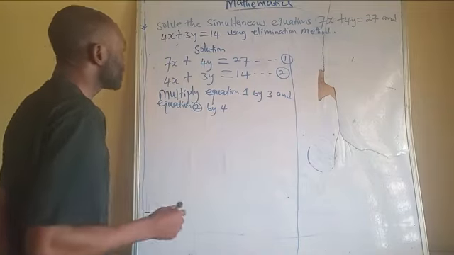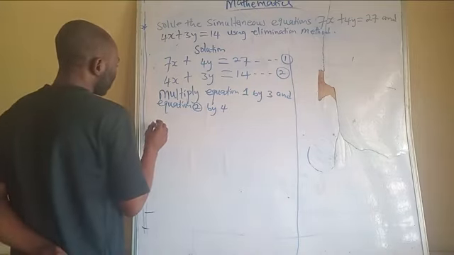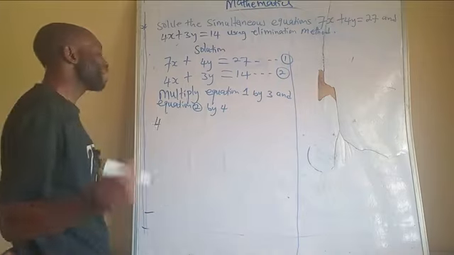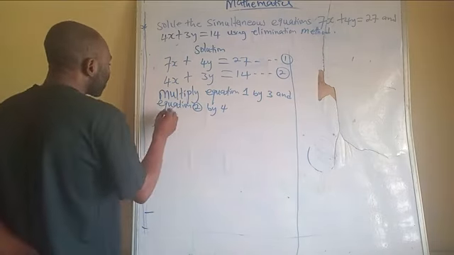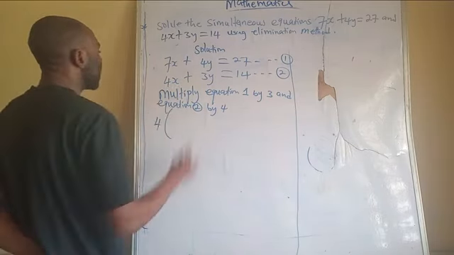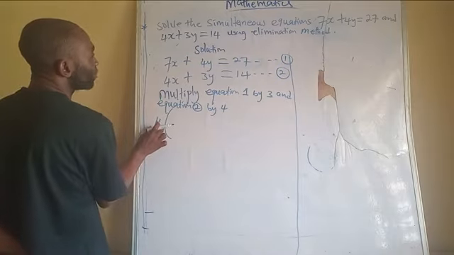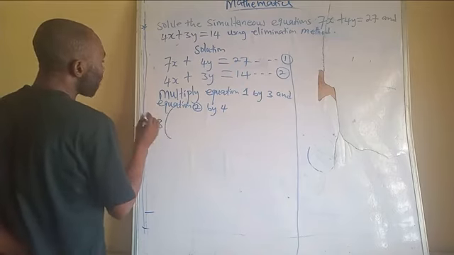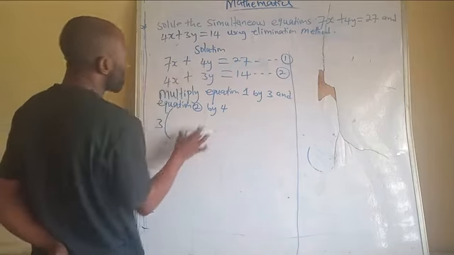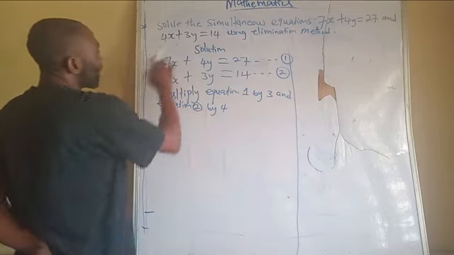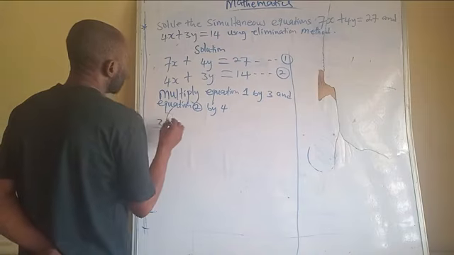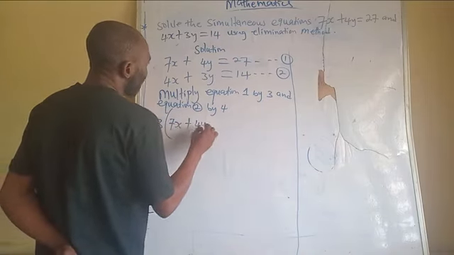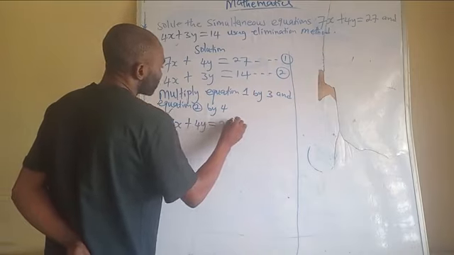Brackets in mathematics mean multiplication. So I will insert the whole of equation 1 in the bracket, which means this 3 is multiplying the whole of equation 1. That is 3 bracket open 7x plus 4y is equal to 27.